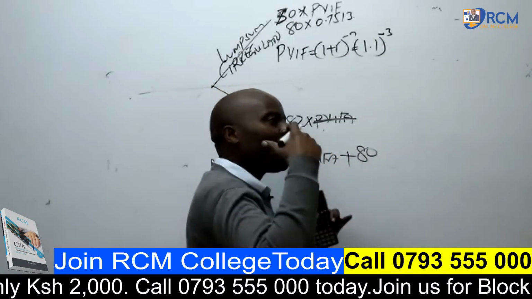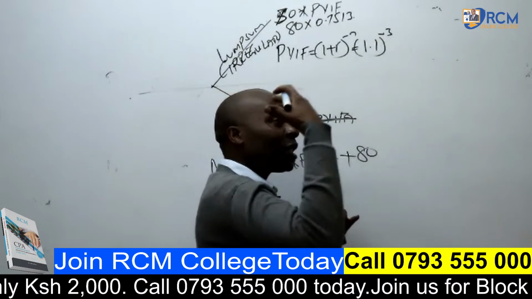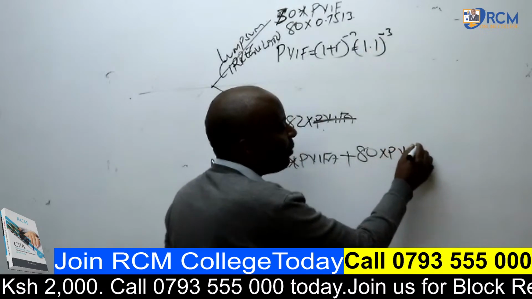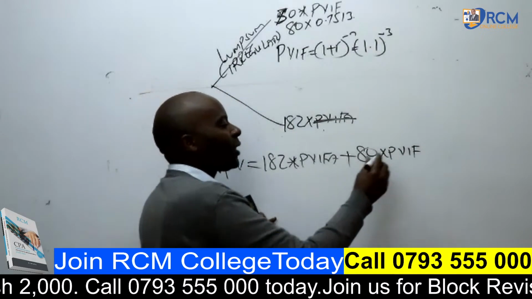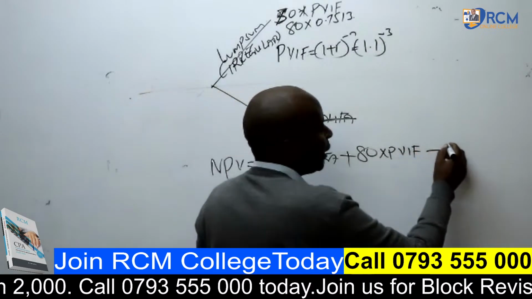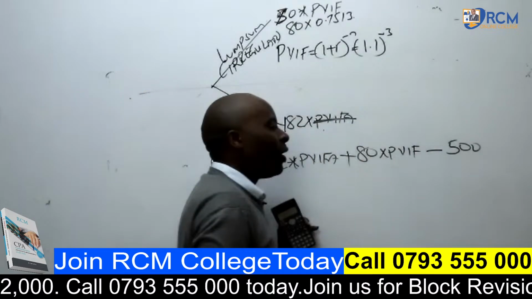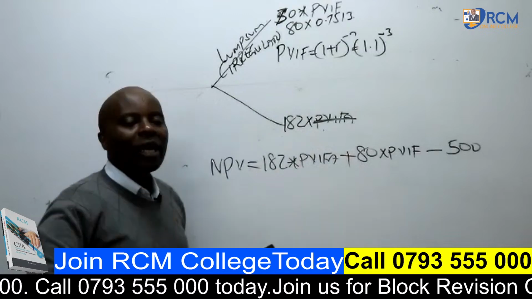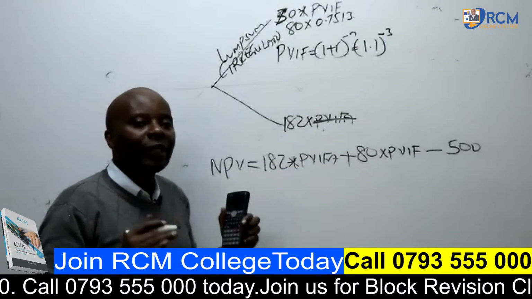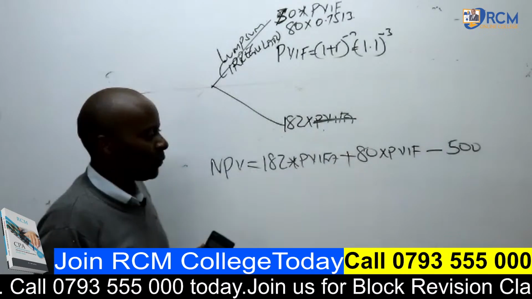But this 80, because it's a futuristic figure, it has to be discounted. So you must multiply this with PV. And then now don't forget to subtract the initial outlay of 500. Sorry for this, this is a term that I omitted. I don't know how we omitted it. Terminal cash flows must always be included in all our workings.